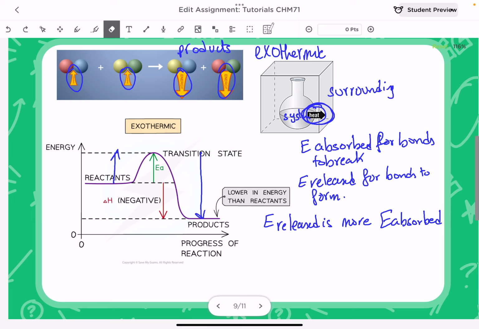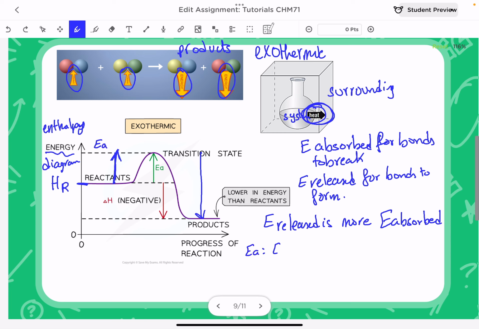Now, there's one important thing you need to know in these energy diagrams, or also what I can call enthalpy. So, first we start at a high enthalpy of reactant. Reactants absorb energy, or I can also call this activation energy.